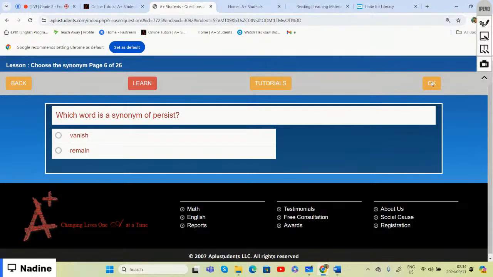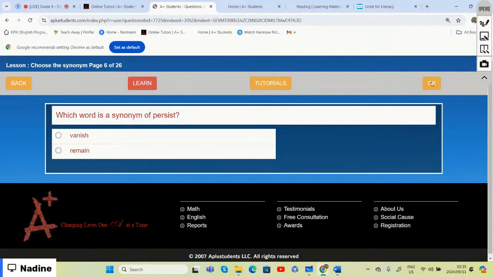So well done. Punctual is on time. Persist. What is the word persist? Is it to vanish or to remain? Persist.